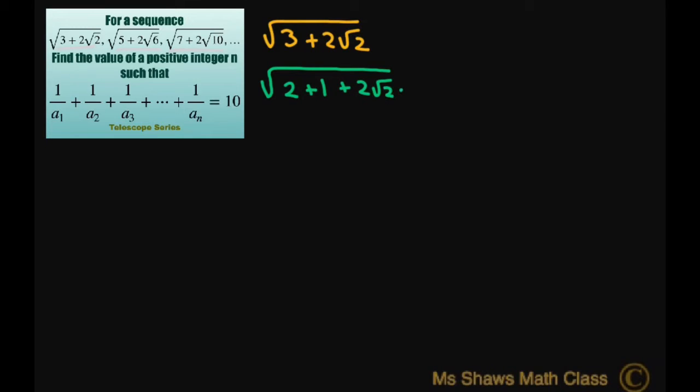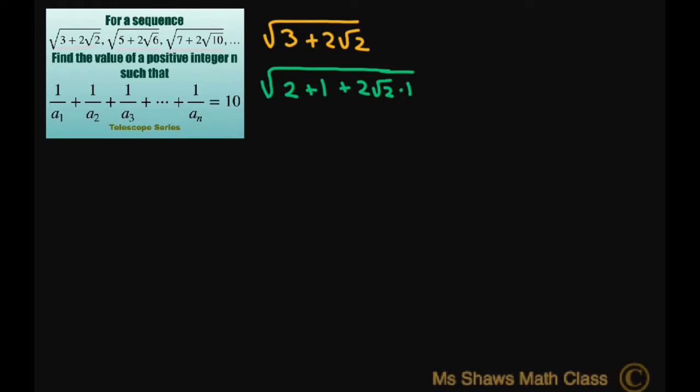So basically, if we have square root of 3 plus 2 square root of 2, I can rewrite this as square root of 2 plus 1 plus 2 square root of 2 times 1.